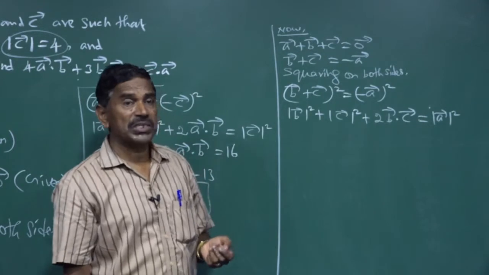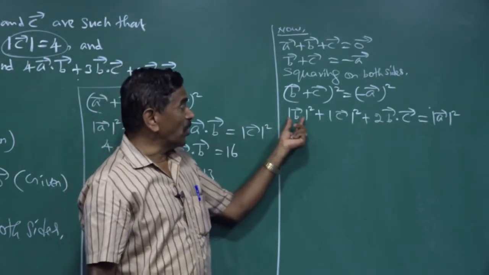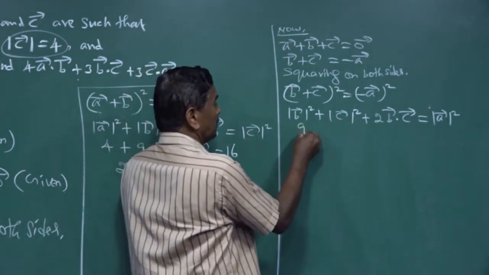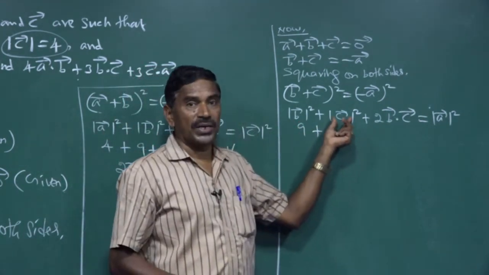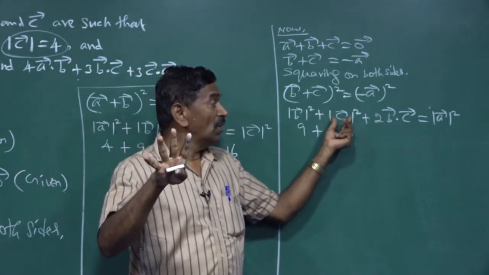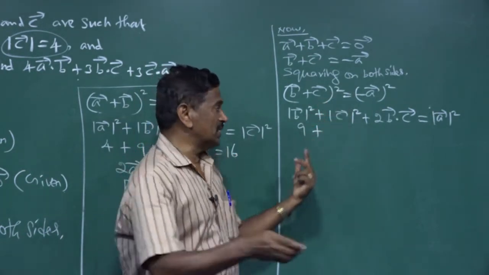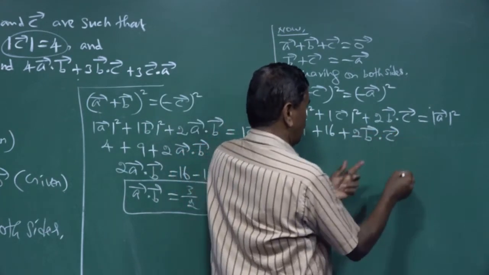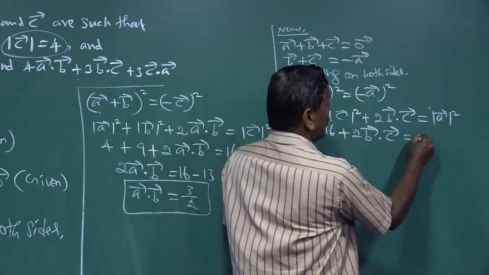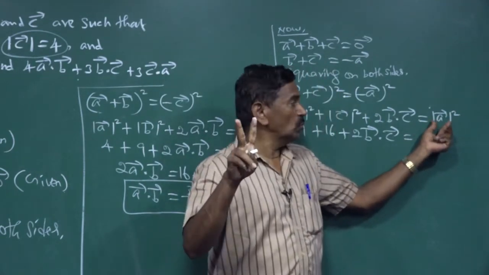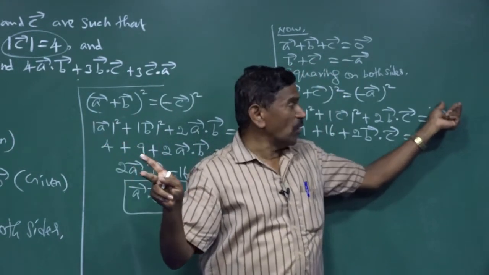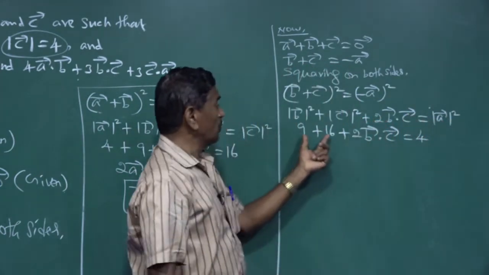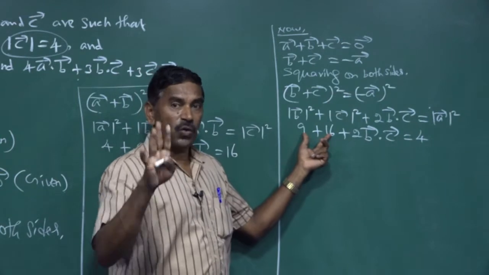Now substitute your values given information. Modulus B vector equal to 3, so 3 the whole square equal to 9. Modulus C vector equal to 4, so 4 the whole square equal to 16. Plus 2 B vector dot C vector itself, which is equal to modulus A vector equal to 2, given data, so 2 the whole square equal to 4. Now 9 plus 16 equal to 25.